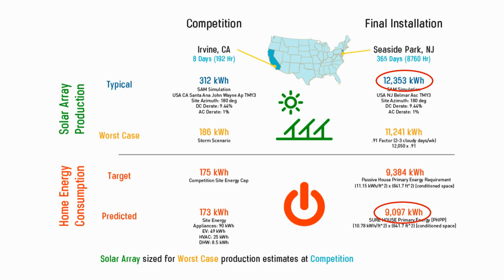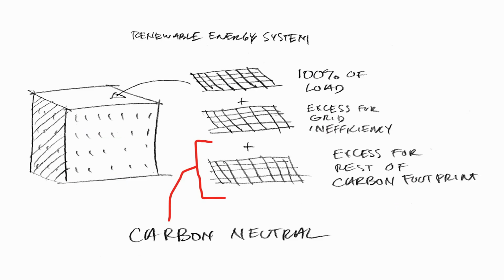What we found was, first of all, that our modeling was pretty accurate, and that we had designed a building that would have a significant energy surplus over its site needs. So it would be at least source net zero and heading toward carbon neutrality. That's what this slide is saying.